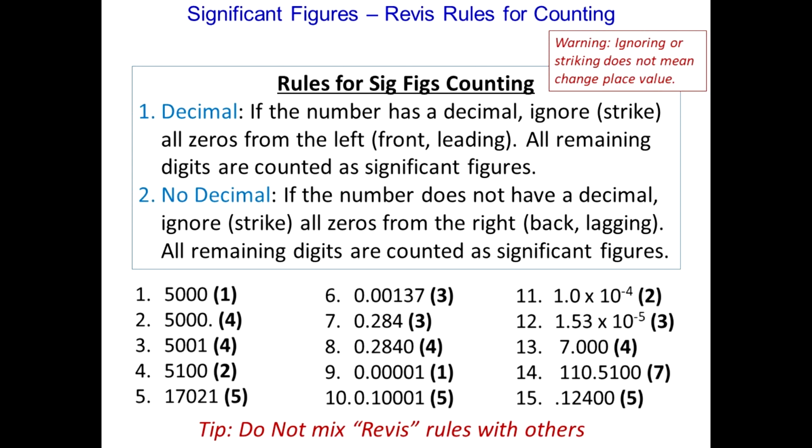Sig figs? 3. Is the number the same? Yes. You don't change. The number is still 0.00137. The number does not change. It is still 0.0011. You get it? If I round this to 2 sig figs, then it's going to be 0.0014. I can't destroy place value. Does everyone get it? The number is the same.